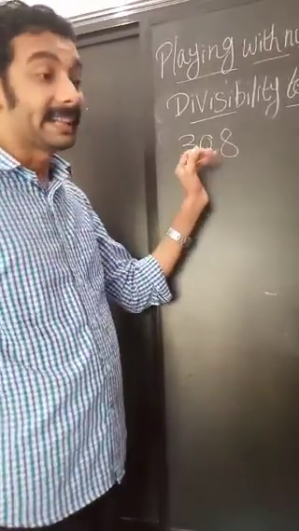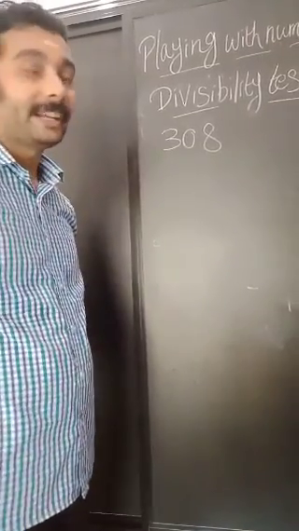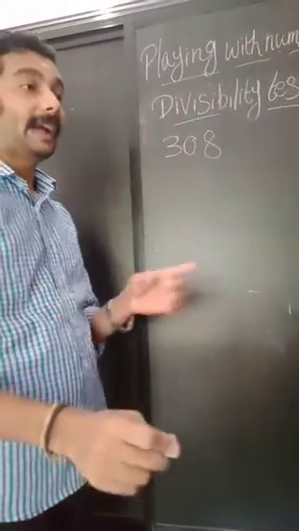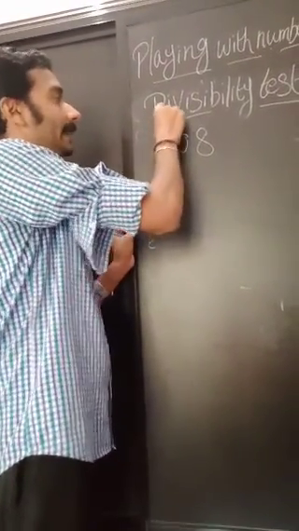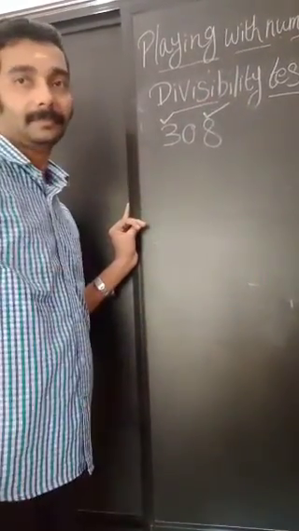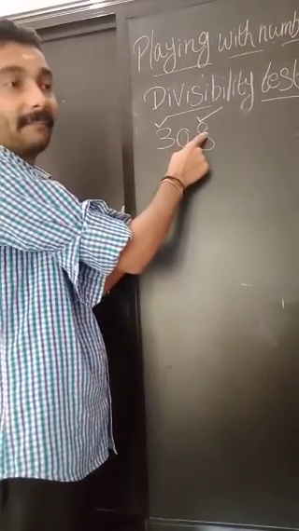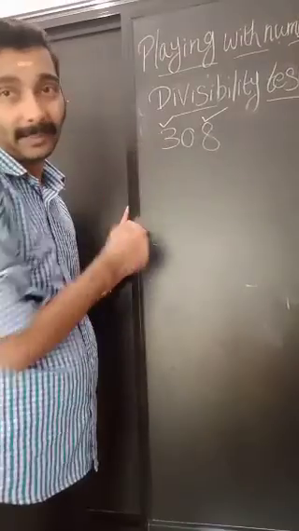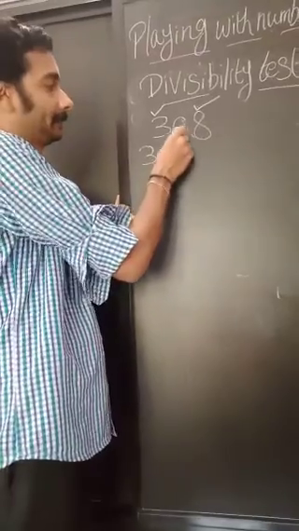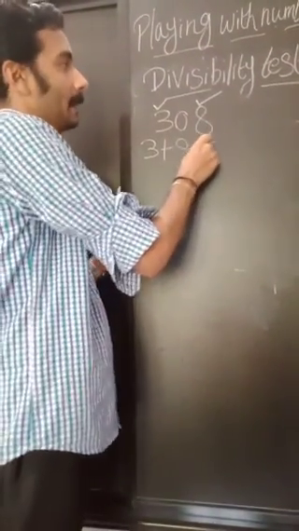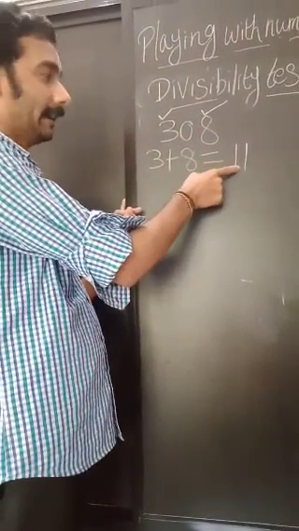First we consider the digits at odd places, 3 and 8. Listen. 3 plus 8 is 11.